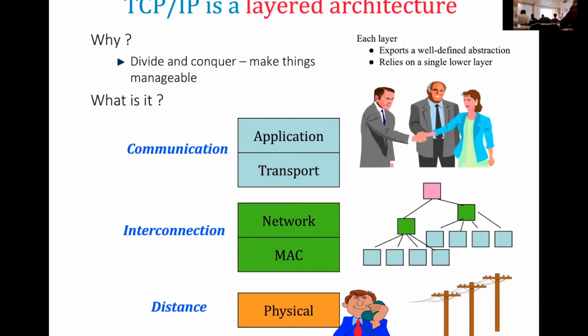You can have Netflix, Spotify, or create your own application. As long as you respect the interface between the application and transport layer, it is a valid application. Same thing in other layers. If you change something in one of the layers and respect the interface, it is transparent to the whole network.